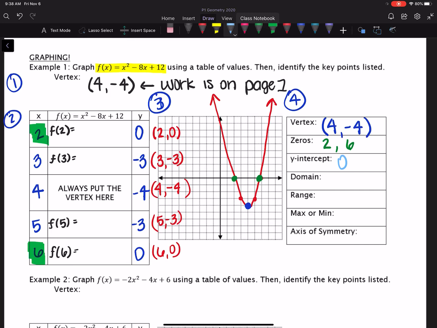My y-intercept is where it crosses the y-axis. We identified this up on page 1. At f of 0, it's going to be my constant term, which is 12.